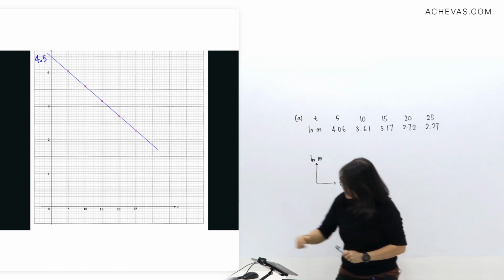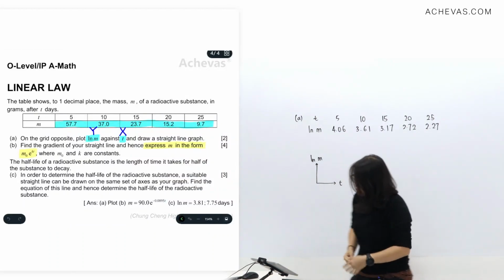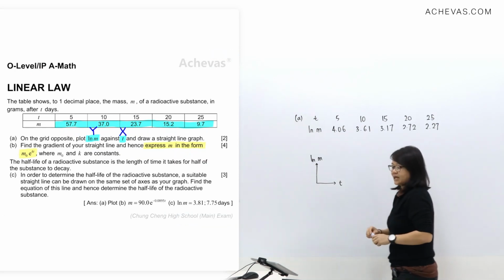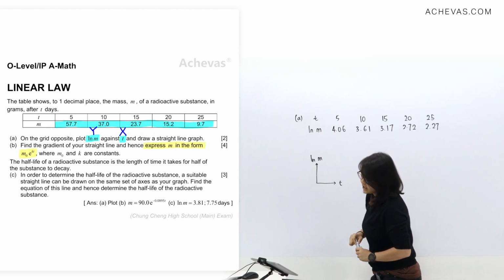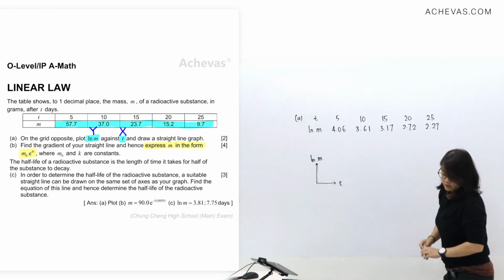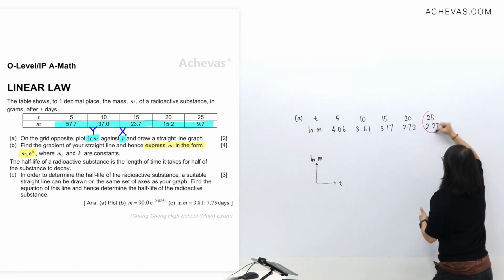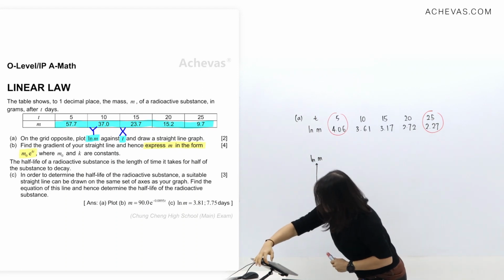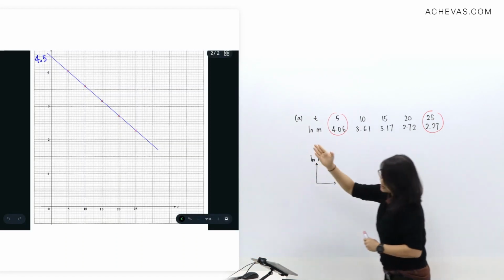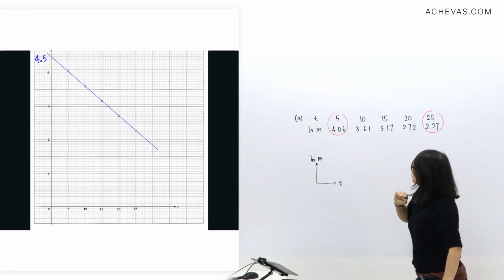Now let's take a look at the question again. Part B, we need to find the gradient of the straight line and hence express m in the form of m naught e power of kt. Now I'm going to use the value here. Of course, you can read the graph to calculate the gradient. And I have already gotten the capital Y-intercept, or we call it the vertical intercept in the graph, which is 4.5.